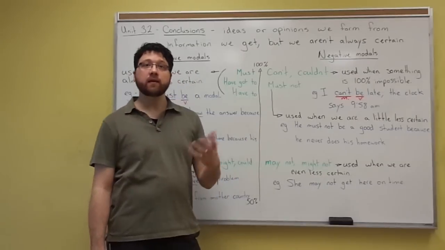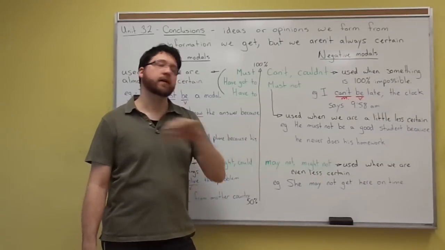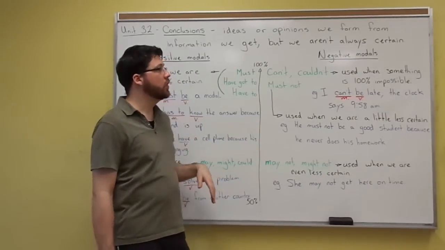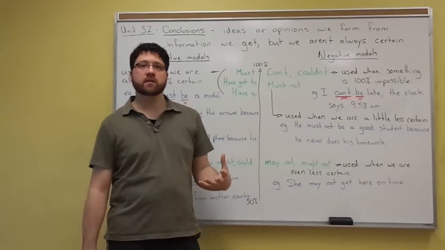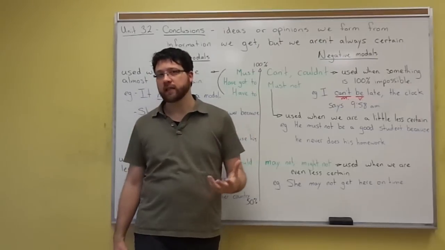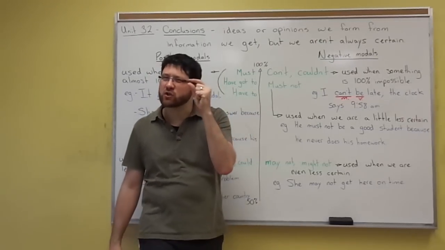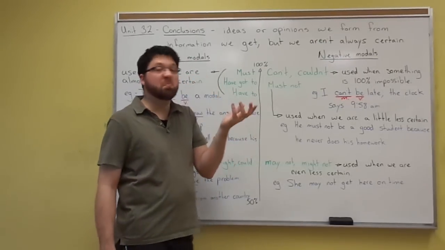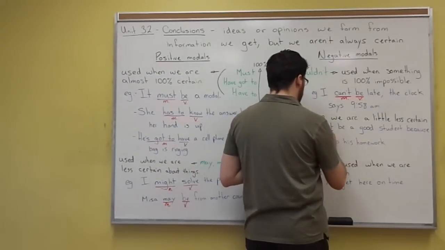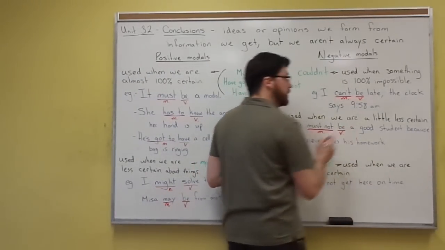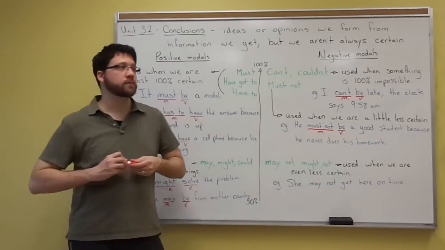Well, maybe he doesn't do his homework and doesn't understand. Or maybe he has already studied this and knows it perfectly. This is a very, very small chance, but it's a chance. And again, here, must not, and our verb.